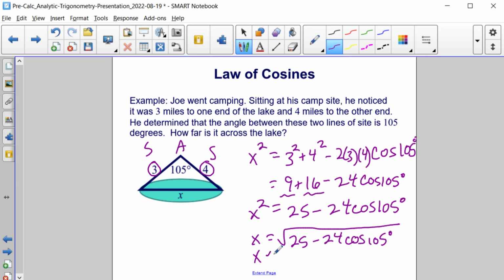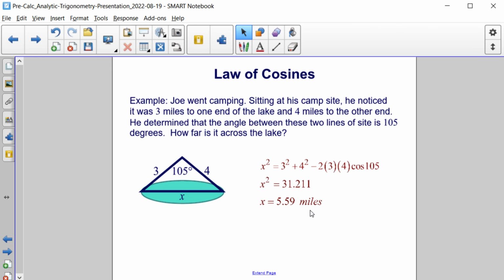So x is approximately equal to 5 and 59/100ths miles. And here we have the solution to this problem shown, and it does match the solution that we calculated of 5 and 59/100ths miles.